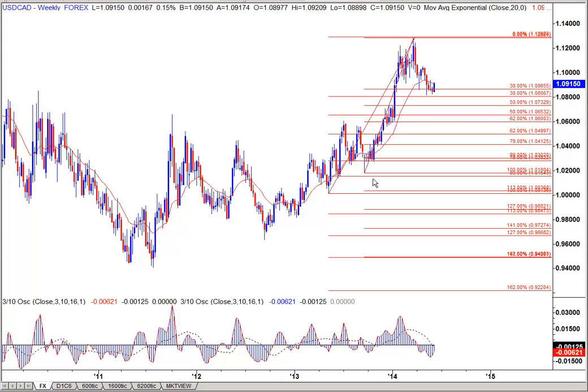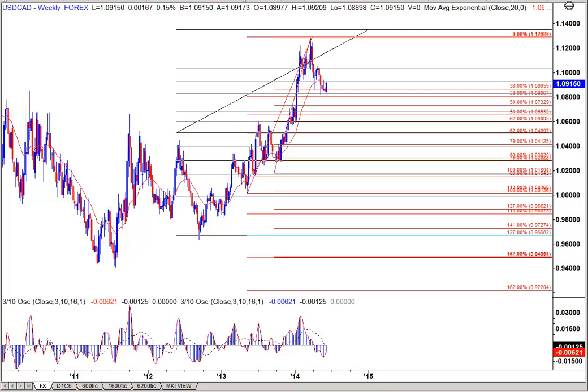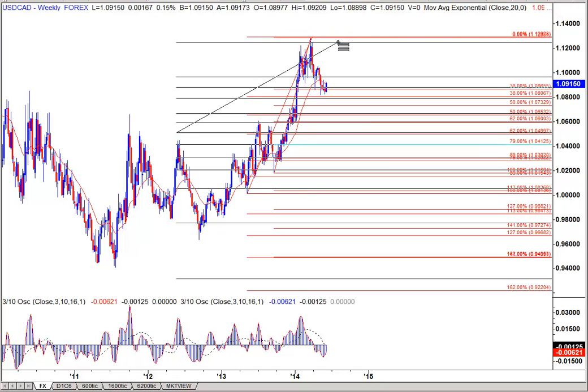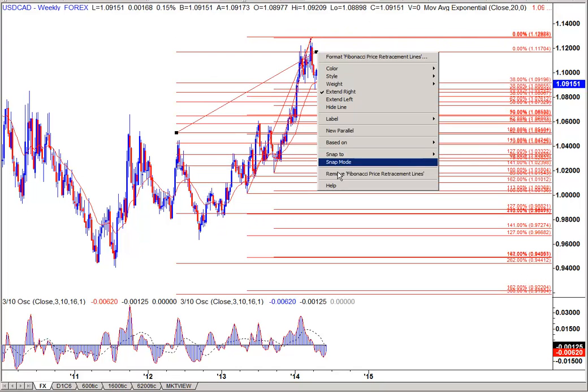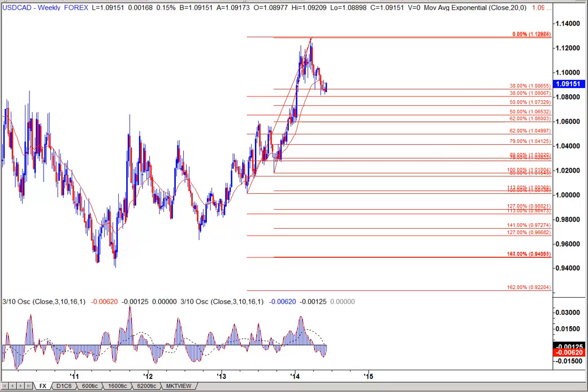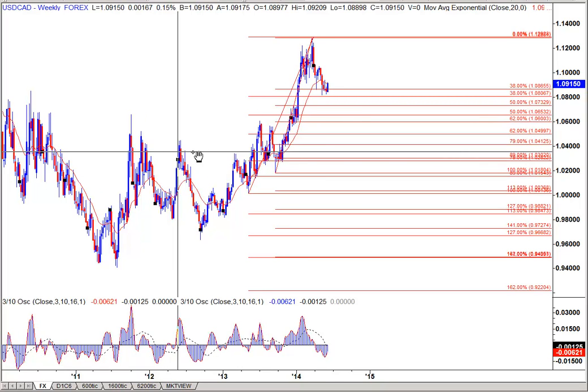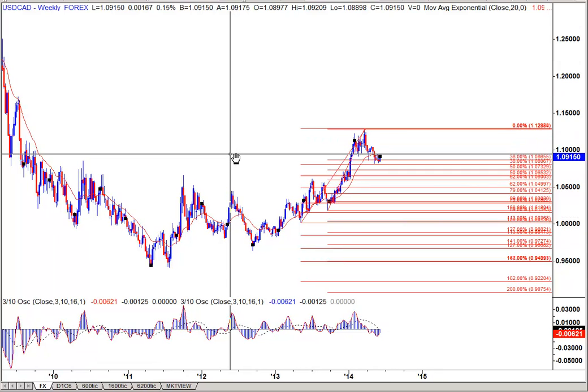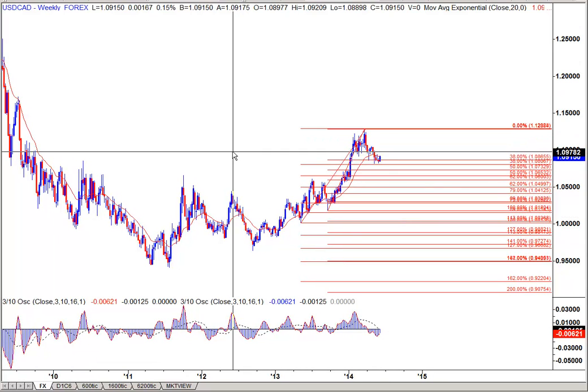What you really want to end up doing also is looking at price and how it's related to prior swings. All right, let me get rid of this. On how price works with prior swings and also on the shorter term time frame.